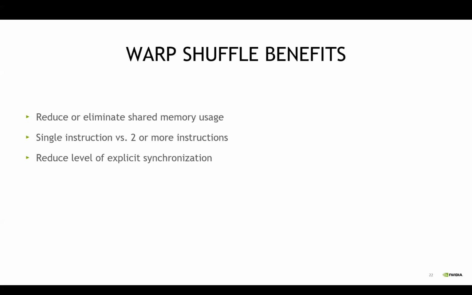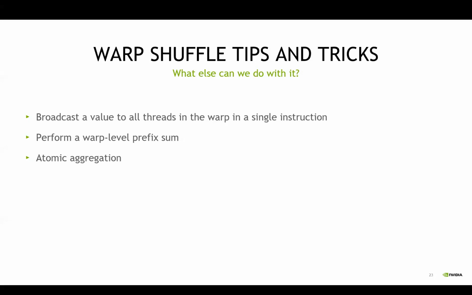Once each warp is done with its work, then, as we saw, we loaded shared memory, and we did require synchronization at that point. So we're reducing the level of explicit synchronization compared to the shared memory sweep, which required a sync threads at each iteration of the for loop. So we're reducing the instructions and we're reducing the amount of explicit synchronization. Some of the key benefits of warp shuffle, as we've seen in our parallel reduction.